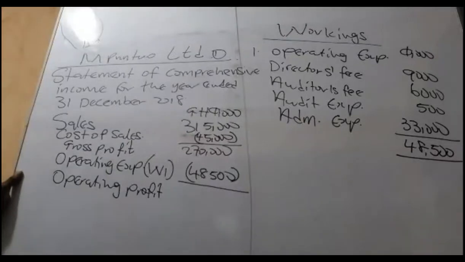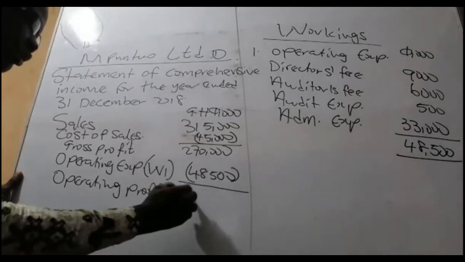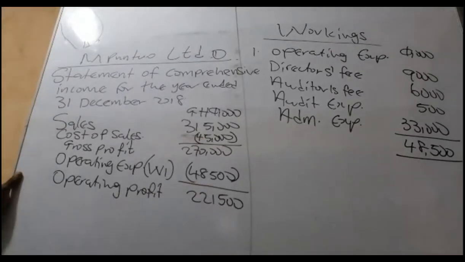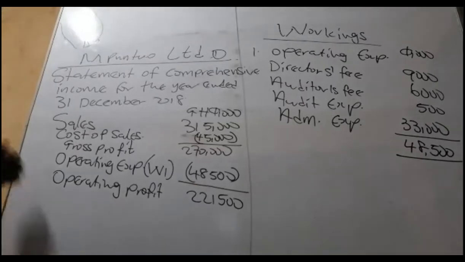That will give us 221,500. Good. Now from the operating profits, you add what?